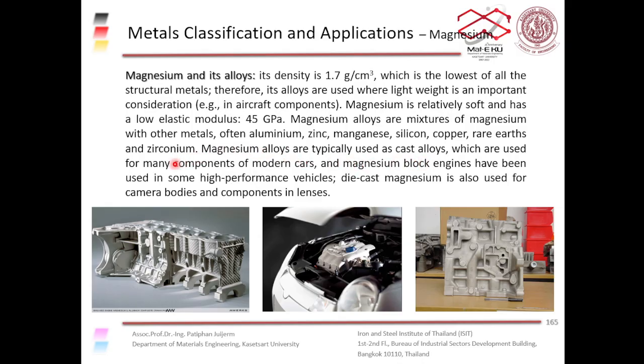Magnesium alloys are used in many components of cars, and some magnesium alloy engine blocks have been used in high performance vehicles. You want good performance, you want lightness, low weight so that the car can move faster. That's why you might choose a magnesium engine block.